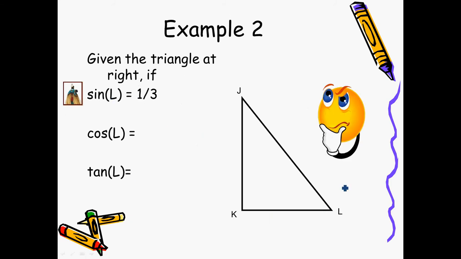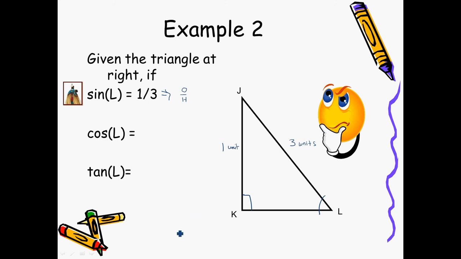So let's look at this one. If I tell you that the sine of angle L is 1/3, sine, remember, goes with the opposite over the hypotenuse. So I could tell you that this was 3 units, and this was 1 unit.